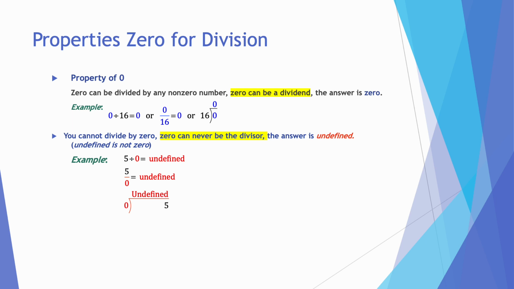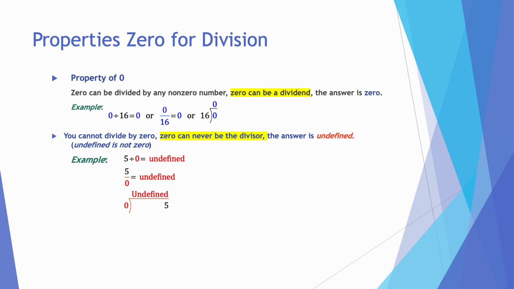So if you have 5 divided by 0, the answer is undefined. If you have a fraction with 0 as the denominator, the fraction is undefined. In the house system, if you have 0 as the divisor outside the house, and I'm dividing 0 into 5, the answer is undefined.